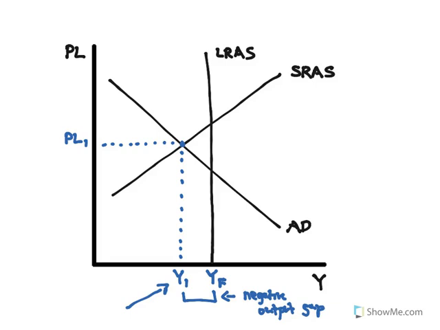So this is a recessionary gap. I would encourage you to practice drawing it like this. Another way that sometimes it gets drawn is you start off in long run equilibrium, like this, and we'll call this AD naught. And then AD moves to the left, and that's what forms the recessionary gap.